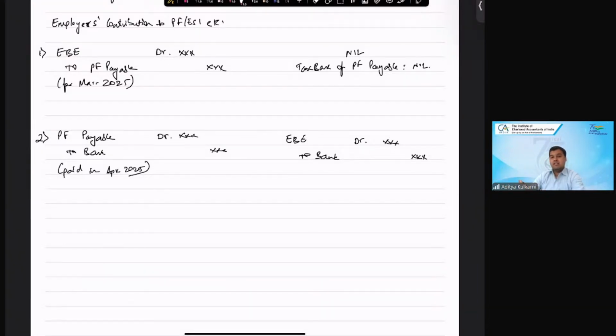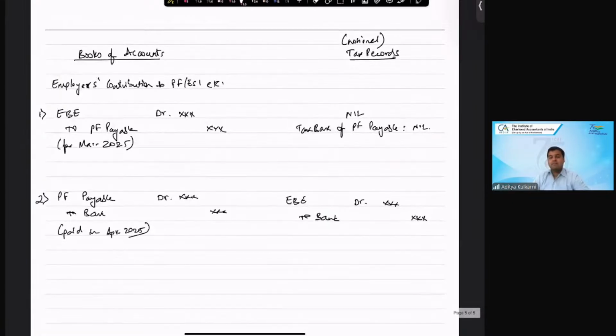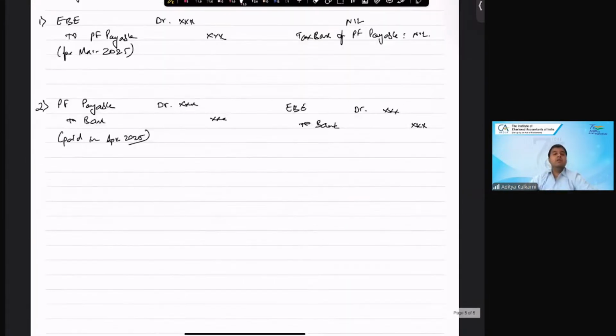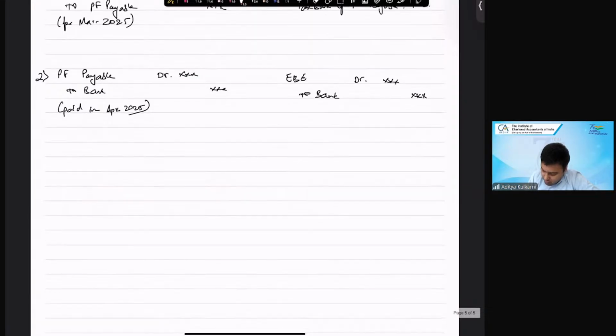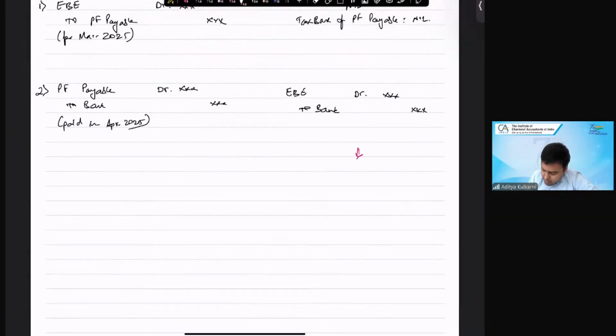All right. Now, just try to understand. This is the general understanding. Tax base will be 0 because this is an expense that will be allowed on payment basis. Now, let us understand. Carrying amount of PF payable is whatever it is. But can I claim a deduction of this entire amount when it is paid?